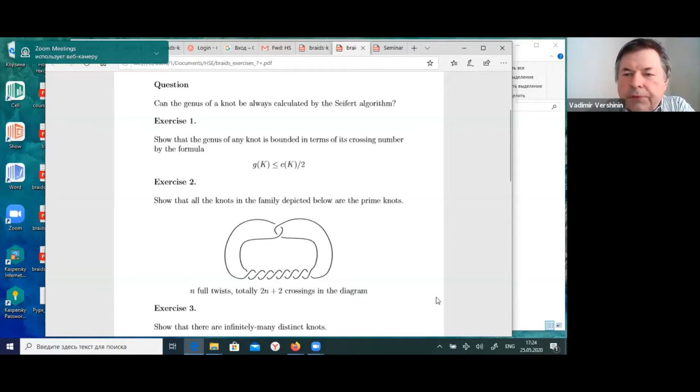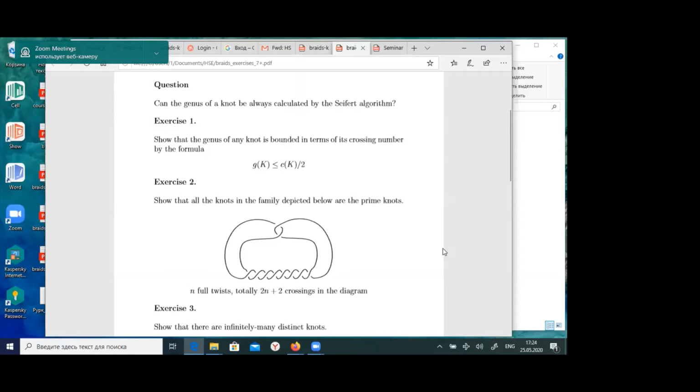Natalia, do you agree with this calculation? Yes, I calculate the genus of this diagram, and I think that's a torus.